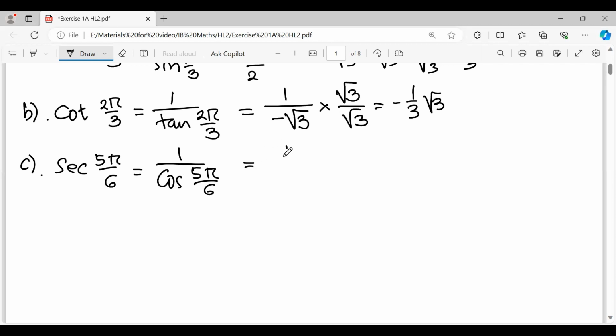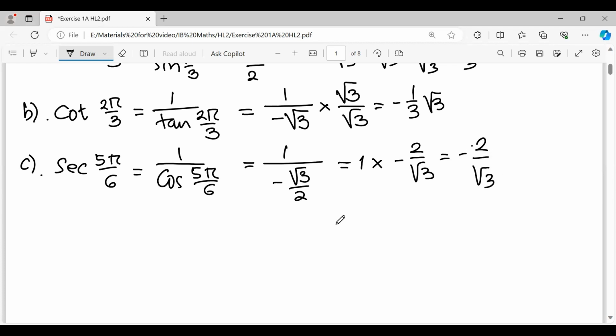So it's going to be 1 over cosine 5 pi over 6, by calculator minus √3 half. Or if you would like to simplify, it is 1 times minus 2 over √3. It is minus 2 over √3.